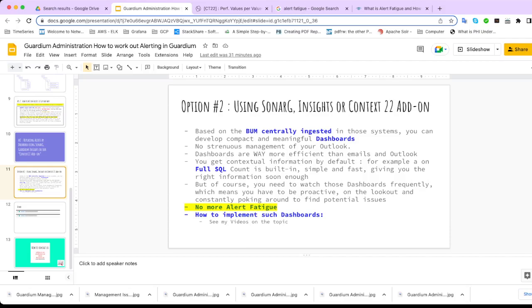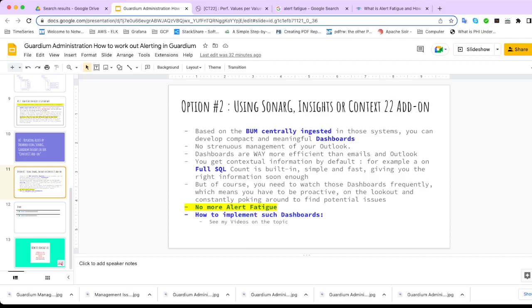So it's not the email going to all team members who have to manage it personally in their personal computer Outlook and email system. It's centrally ingested.